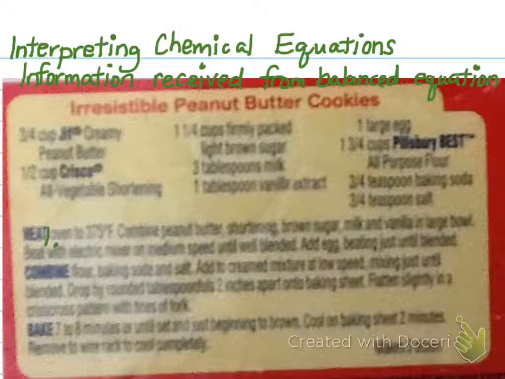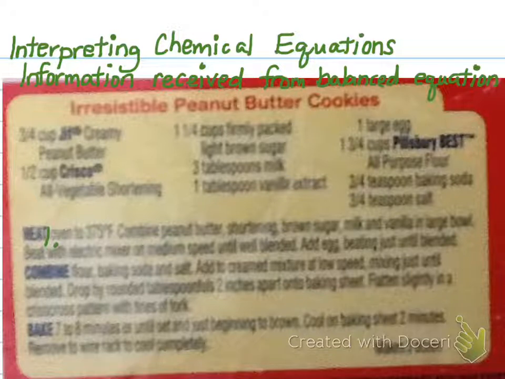So you've probably done a stoichiometric calculation before. This recipe says it makes 3 dozen. Let's say you're supposed to bake cookies for all your teachers, and you have 5 teachers, and you also want a dozen for yourself. So you're making each of your teachers a dozen cookies and a dozen for yourself.